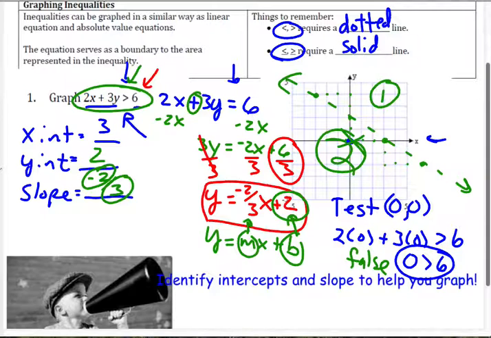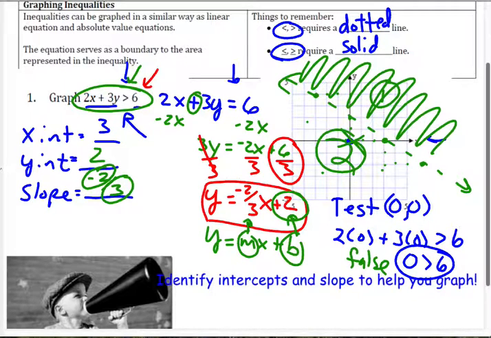That means all these points, wherever they lie below the line, are not solutions. So we shade above the line because all these points, if I pick this ordered pair right here, (4, 4), and plug that into this inequality, it should be a true statement. And there we go, graphing inequalities.